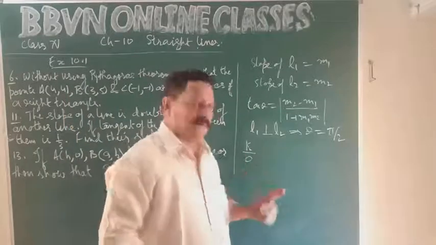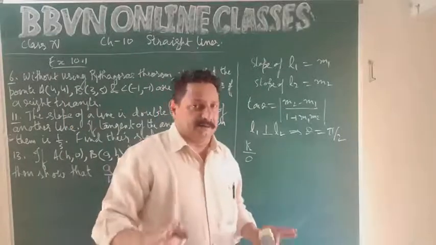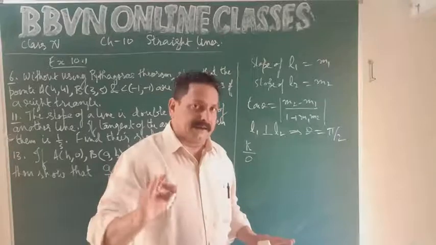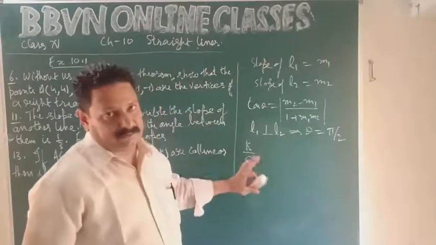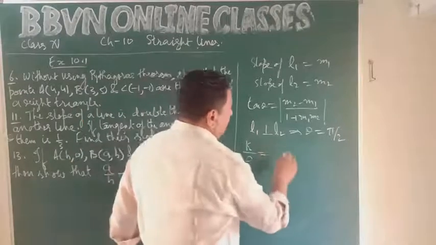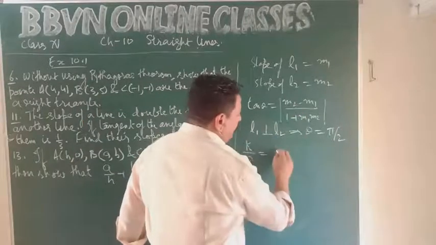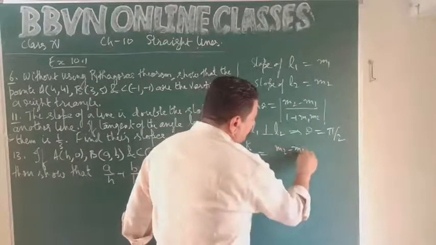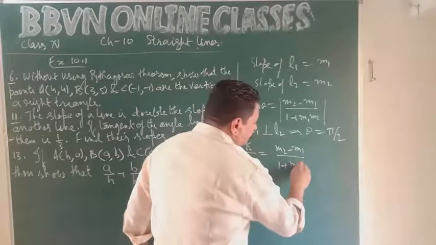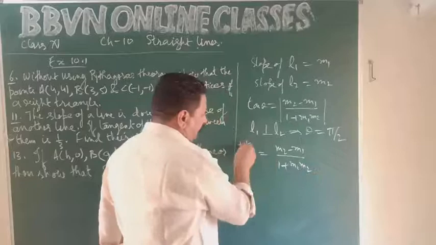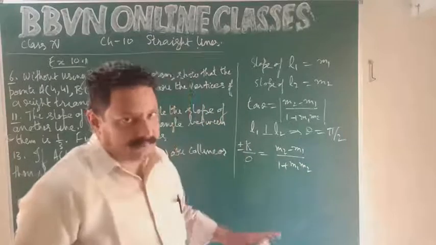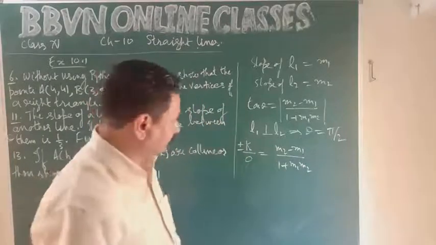Tan 90 is undefined, k upon 0, where k is a non-zero constant, is equal to mod of (M2 minus M1) upon (1 plus M1 M2). Now since I am not taking mod here, I will take two cases. Plus k or minus k upon 0.